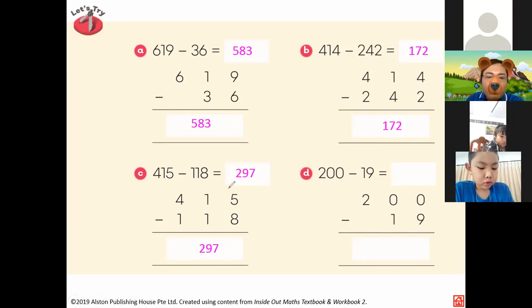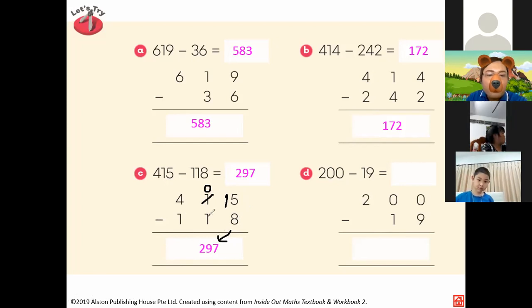So 5 minus 8, no, cannot. So we're going to borrow 1 from here. So 1 will become 0. And then 5 will become 15. So 15 minus 8, that's 7, okay? So here we cannot subtract 1 from 0.